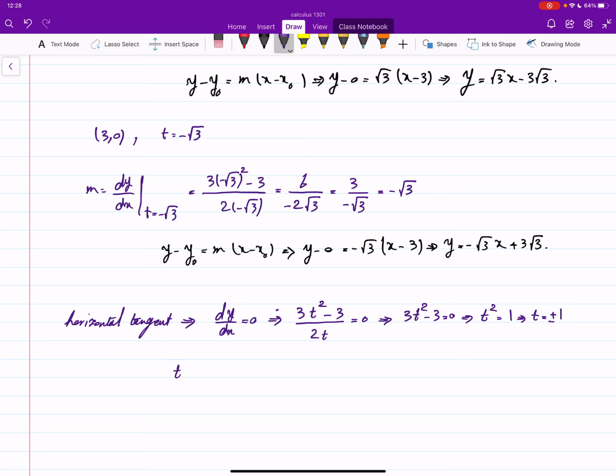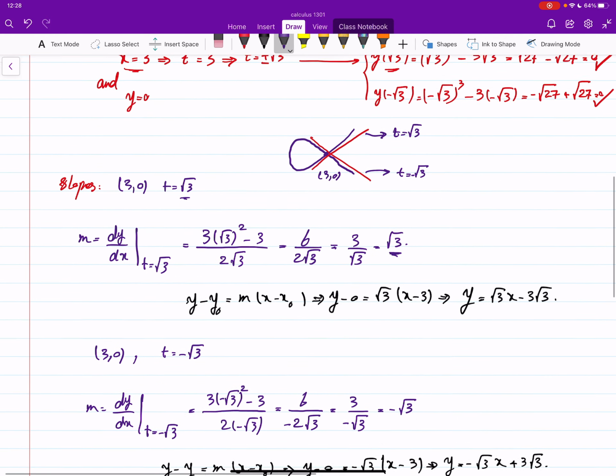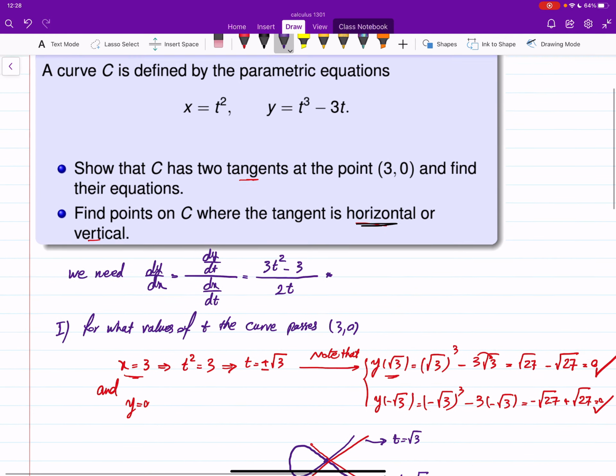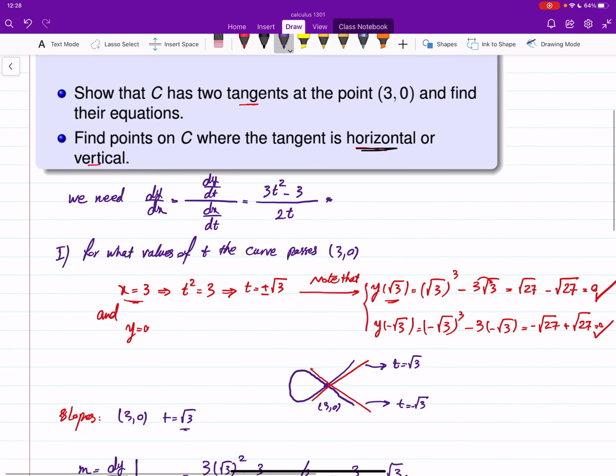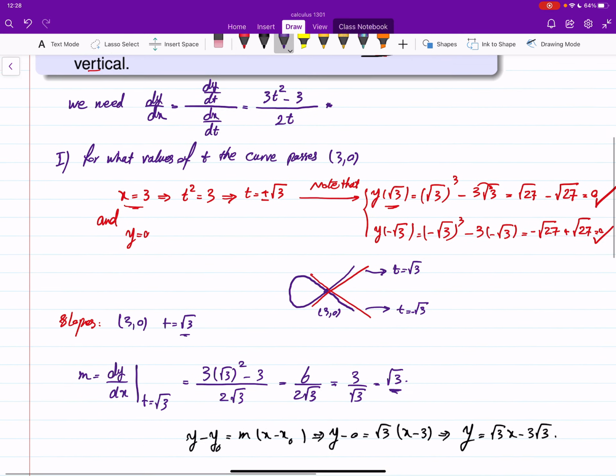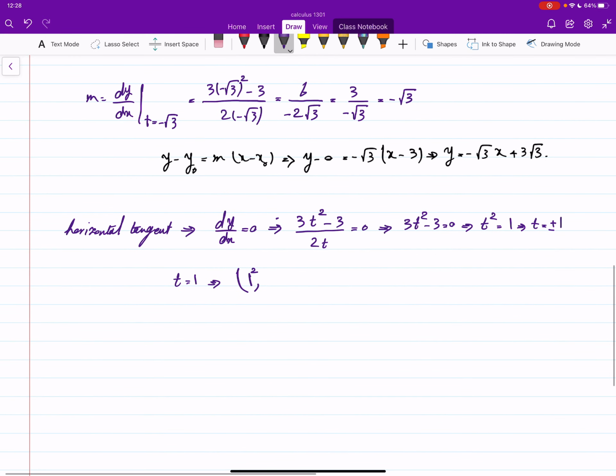So for t equal to 1, the x component is 1 squared, and the second component, t cubed minus 3t, is 1 to the power 3 minus 3 times 1, and that is negative 2.